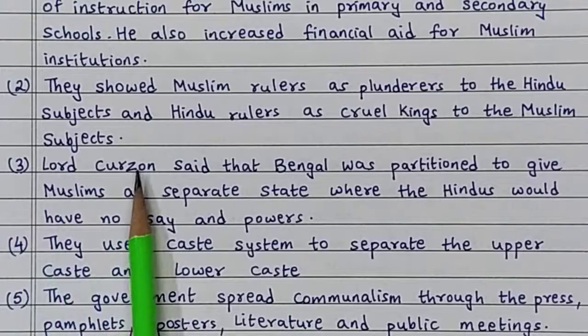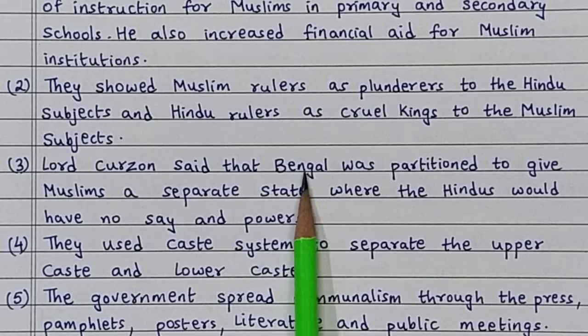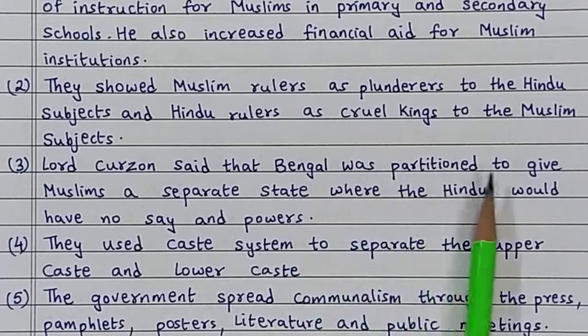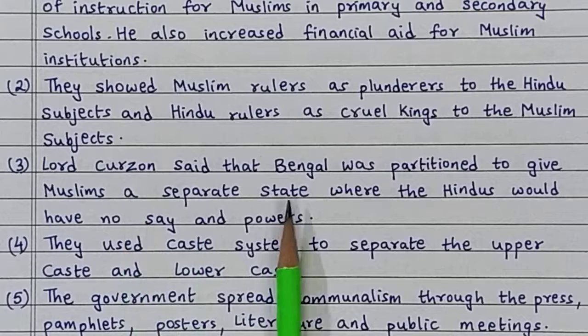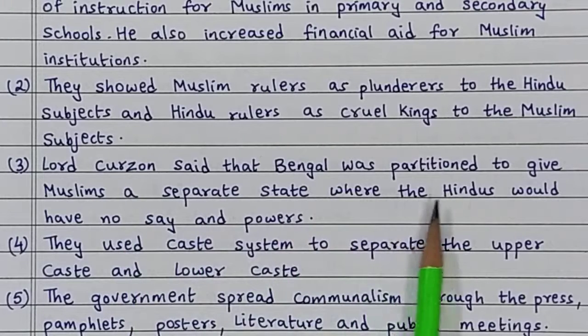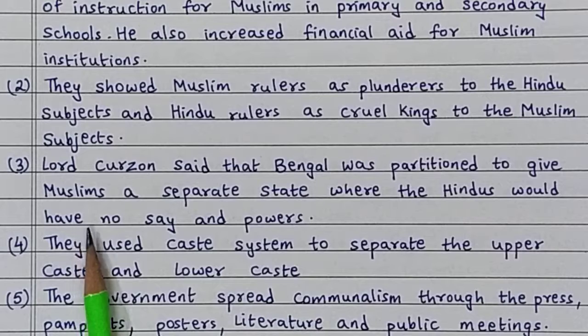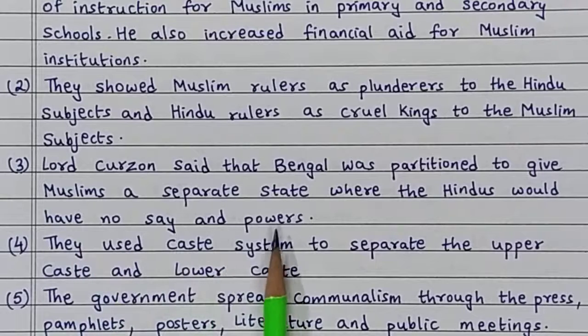Third, Lord Curzon said that Bengal was partitioned to give Muslims a separate state where the Hindus would have no say and powers. Fourth, they used the caste system to separate the upper caste and lower caste.